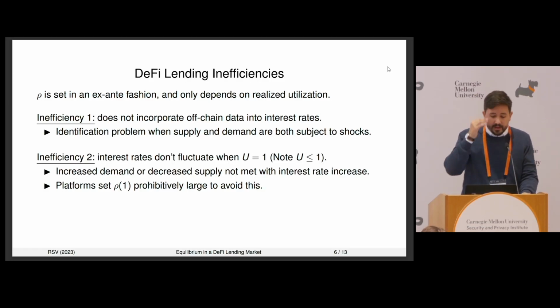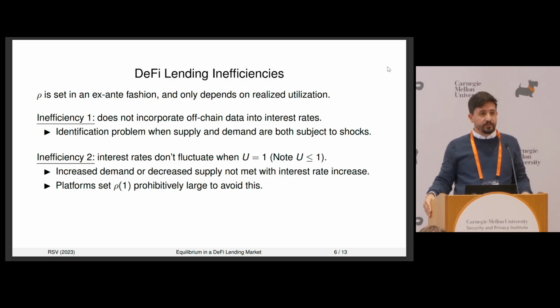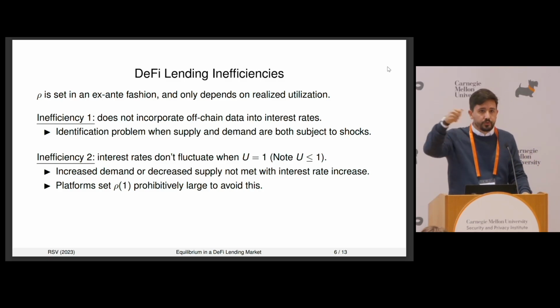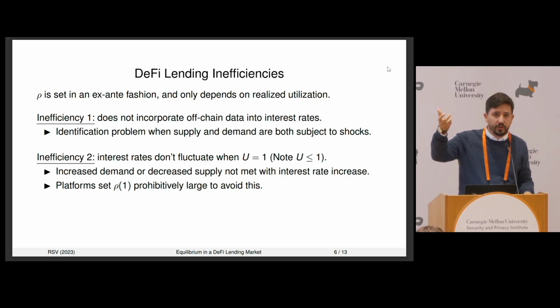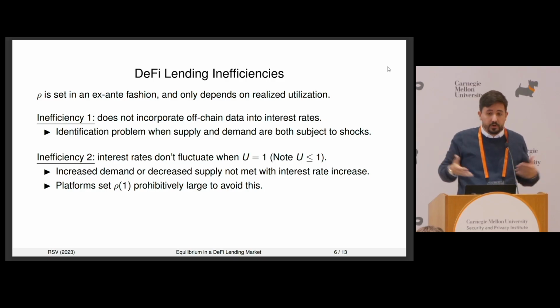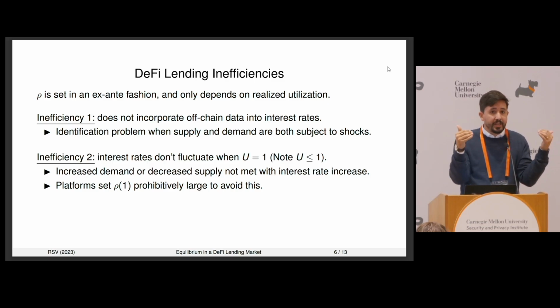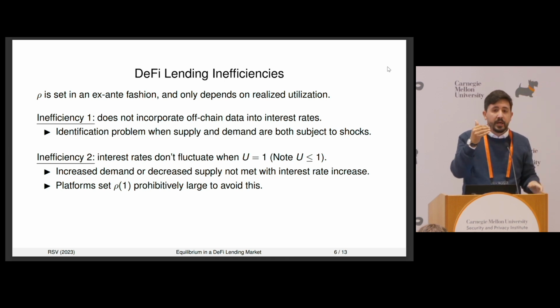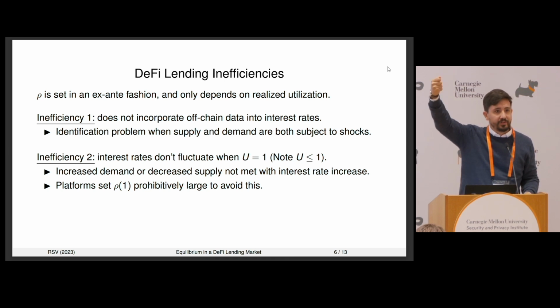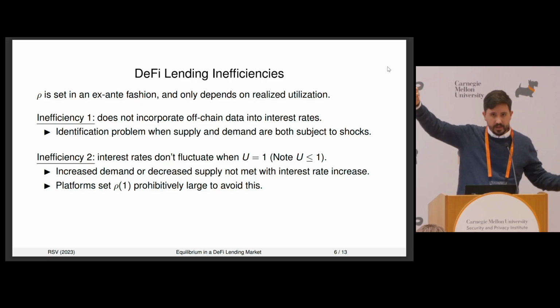Okay. Now, the second inefficiency arises from the fact that if you want your interest rates to move, then utilization has to move, and so you can't have a utilization of 100%. You can't exceed 100% because you can't borrow more funds than are available in the platform. And so once your utilization hits 100%, if demand increases or supply decreases, you won't get an increase in the interest rate that you would in a competitive market.